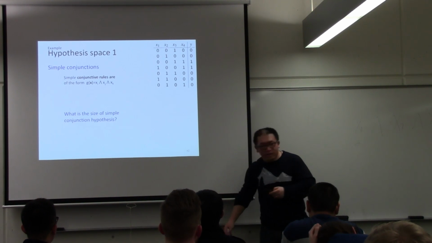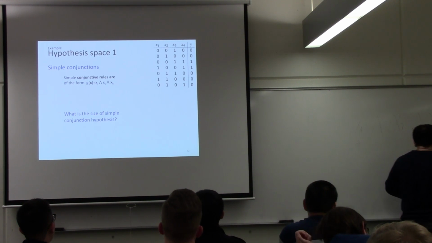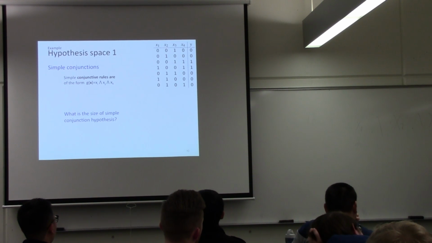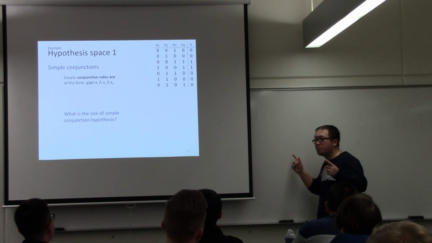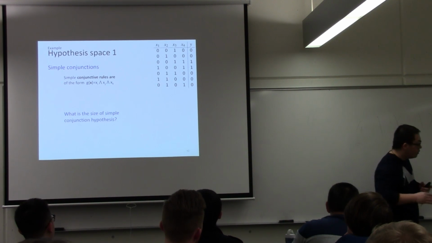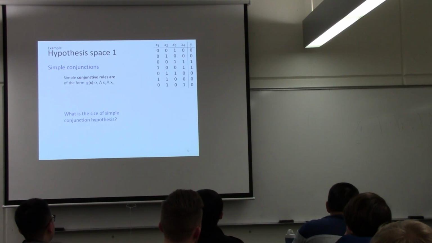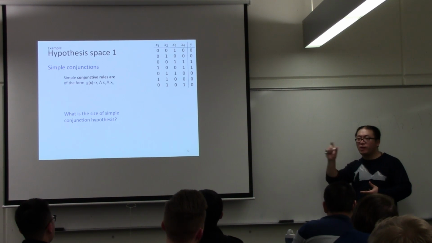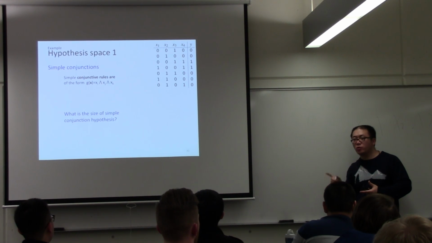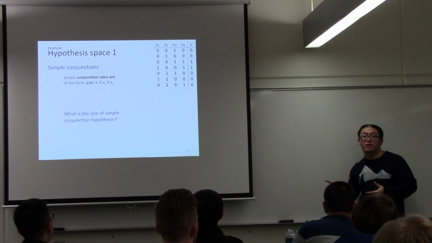And now let us go back to consider if we do not make any restriction of the hypothesis space. If we search over the full hypothesis space, I mean all possible Boolean functions with 4 variables, what's the size of hypothesis space? If we do not make any restriction, to determine a Boolean function with 4 variables, how many function values should we determine? 16, right?